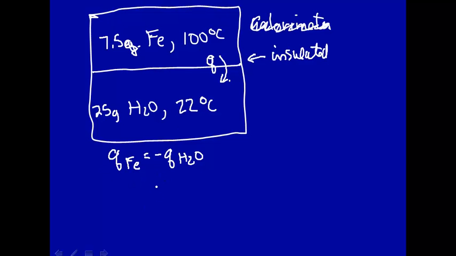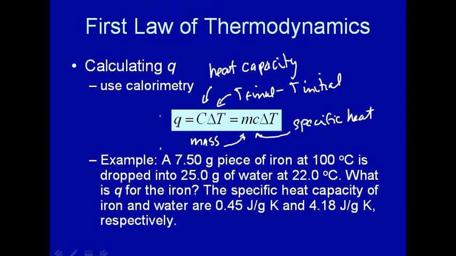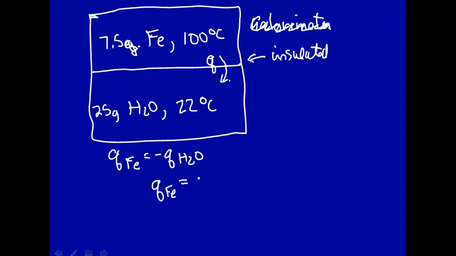All right, so let's talk about the heat lost by iron, Q Fe. Well, from our previous equation, we're given the specific heat capacity of iron, so we'll use this second form to calculate Q, mc delta T. So m is 7.5 gram.